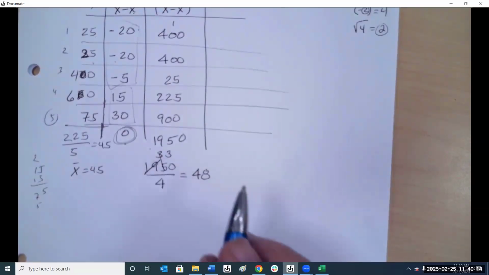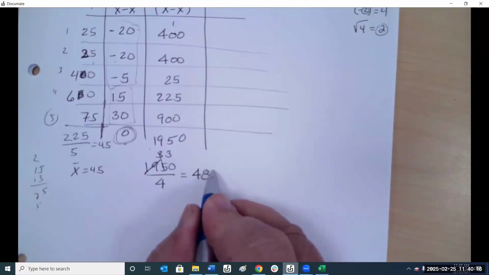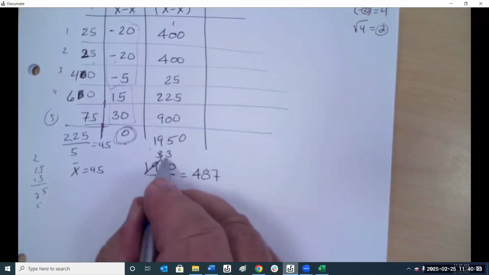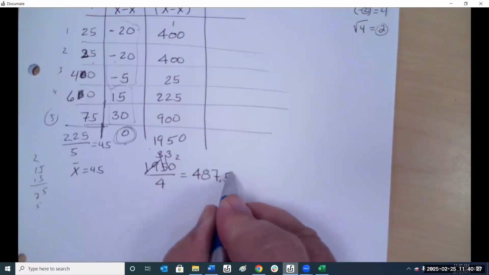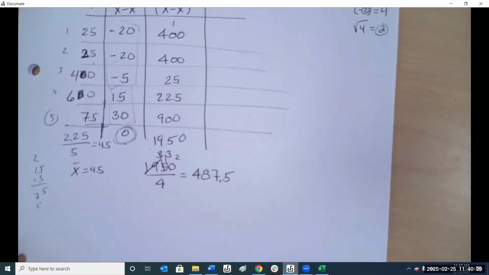Four goes into 30. 7, that makes 28. So it's 2 left over. So it's 487.5.